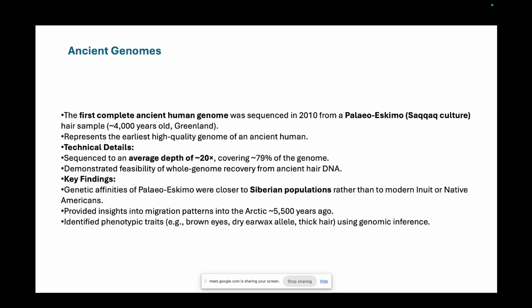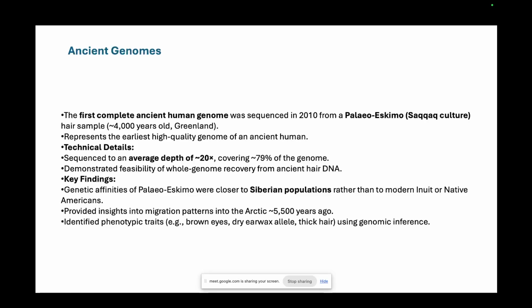Okay, so we were talking about ancient genomes. So let's come to ancient genomes. What are ancient genomes? So the first ancient genome was sequenced from a hair sample, from this Paleo-Eskimo individual of the Saqqaq culture. This was done in 2010, and this individual was 4,000 years old, and the DNA was found in Greenland.